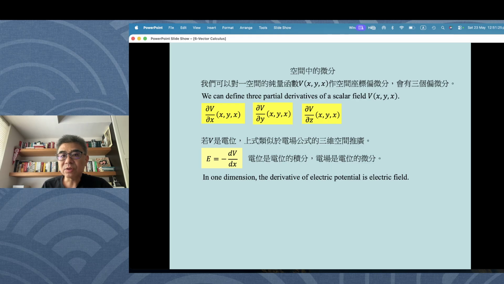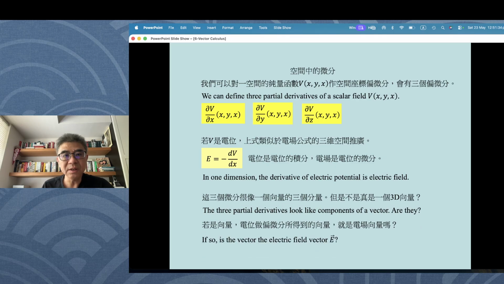So we introduced the electric potential as the example of a scalar function in space, and then we take the three partial differentiations with respect to x, y, and z. It looks like these three functions form a vector.